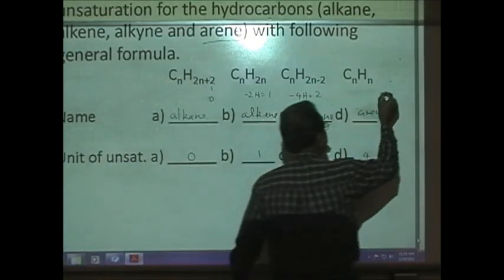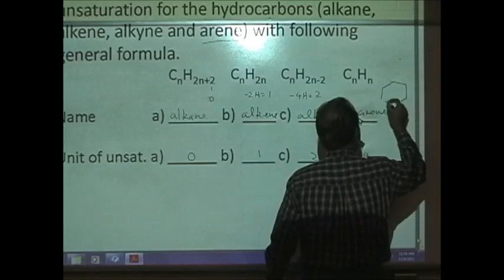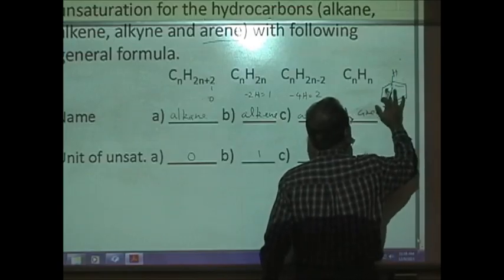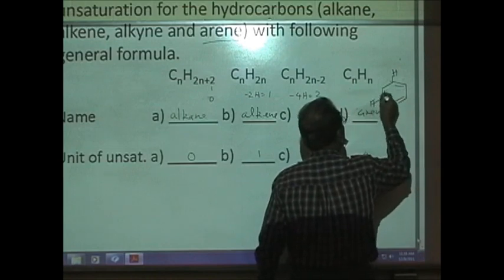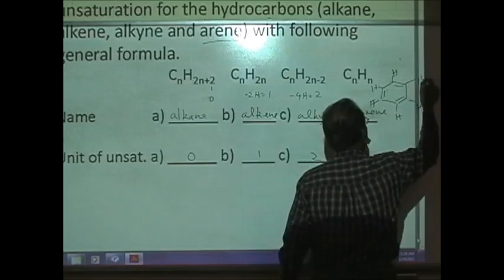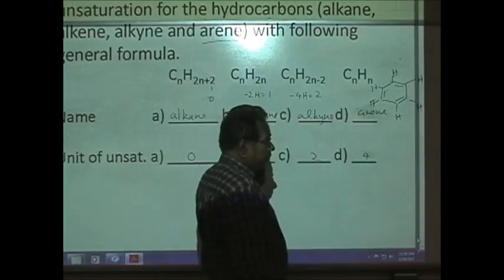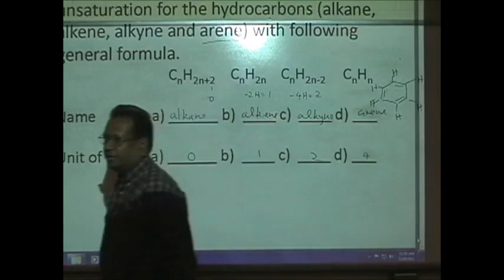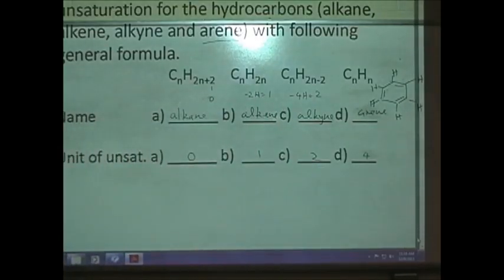For example, benzene is one of the arenes. In here, the ring is 1 unsaturation, and each double bond is 1 unit of unsaturation. Then the total is 4. All right? So that's how we interpret units of unsaturation in different compounds.